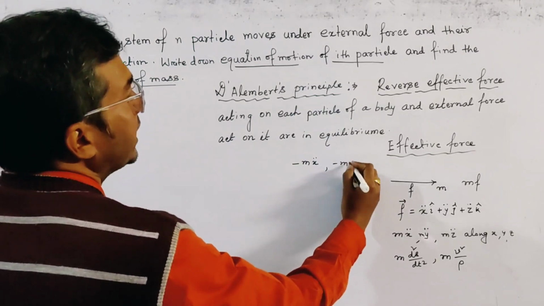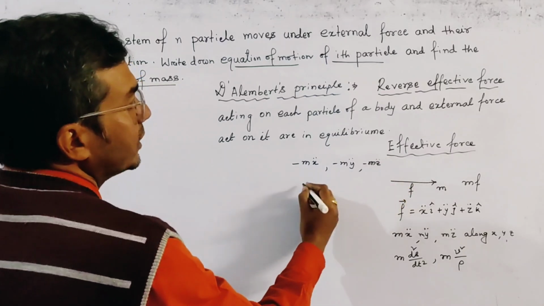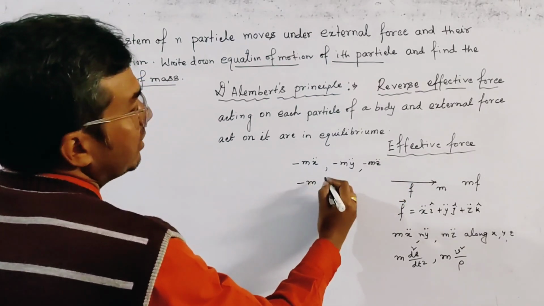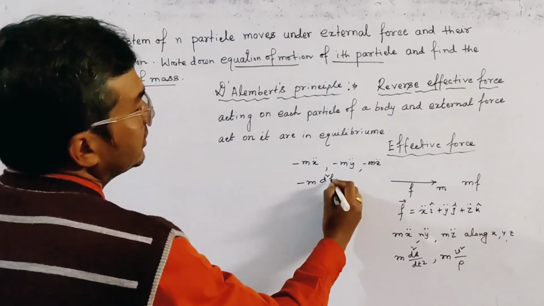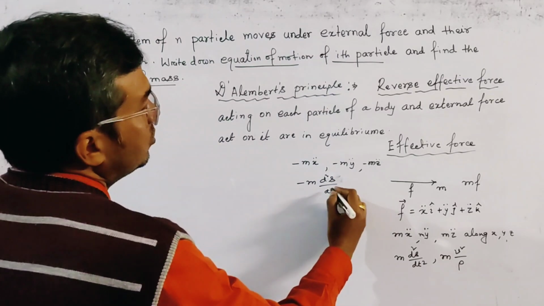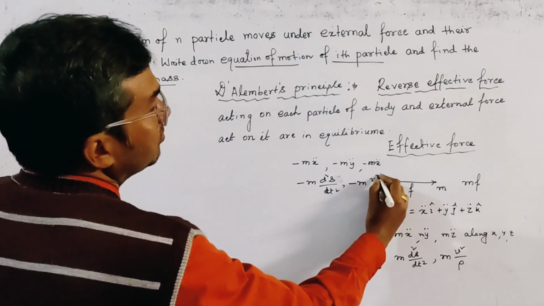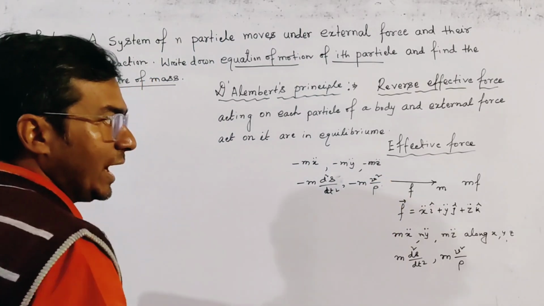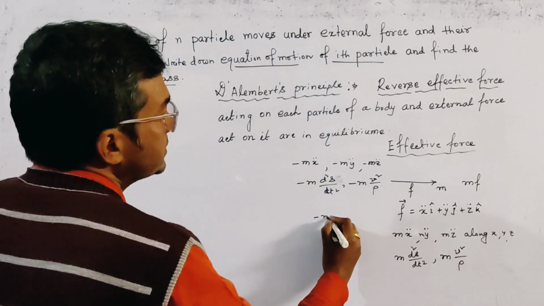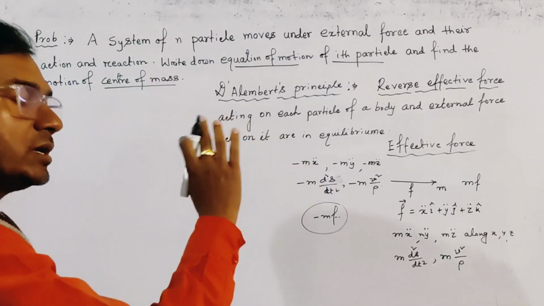Similarly, minus m y double dot, minus m z double dot, minus m d2s by dt2 and minus m v square by rho. And we say that minus mf is the reverse effective force acting on the body.